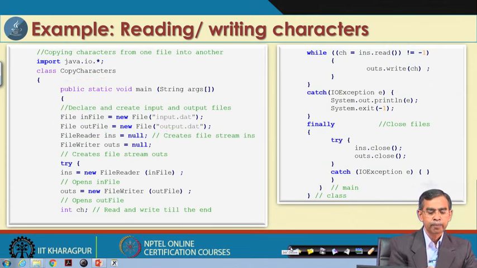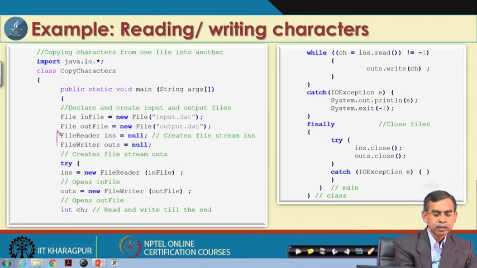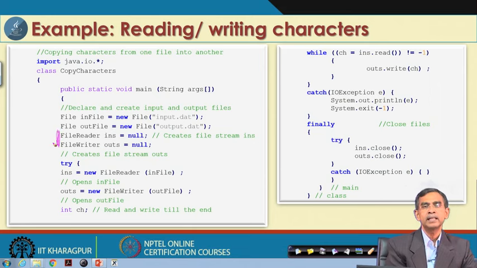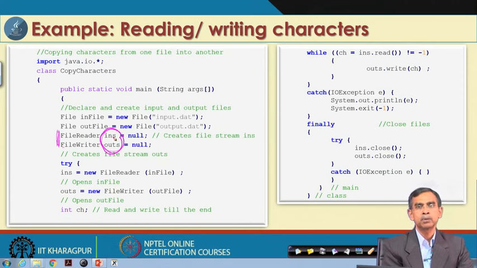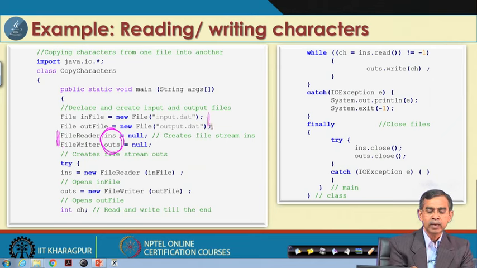Then we use file reader to read a file and file writer to write a file. The two other objects created will be responsible for reading the input file and writing the output file, once the connection is established.